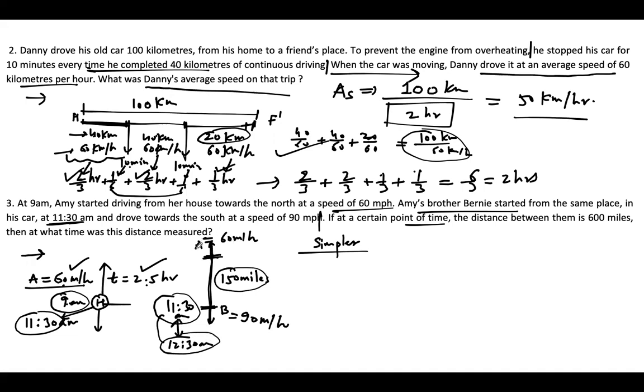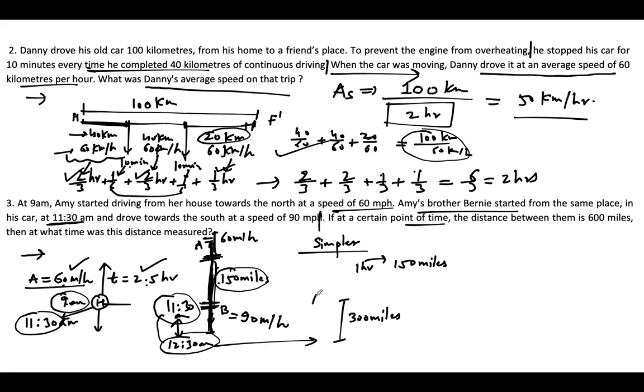In 1 hour, A will be moving 60 miles north and B will be moving 90 miles south. So overall in 1 hour, they are traveling 150 miles. Initially, they had a distance between them of 150, so 150 plus 150. So at 12:30, the total distance between them is 300 miles.